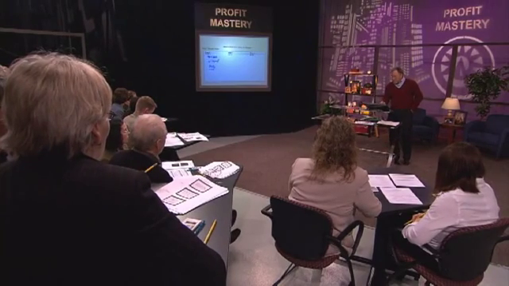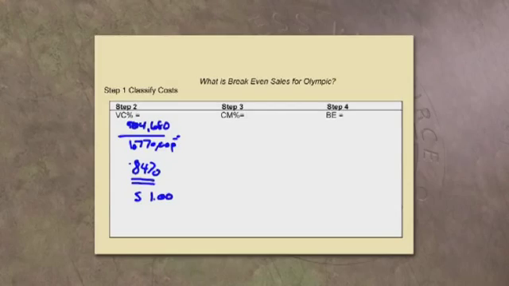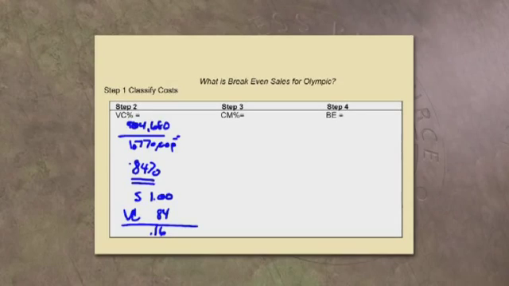Less trickling down. When we have sales of $1, we've got variable costs of 84 cents. So what's left? 16. So my contribution margin percentage is 16%, down from what 2 years earlier? 20. So he's got less trickling down to cover a bigger number.